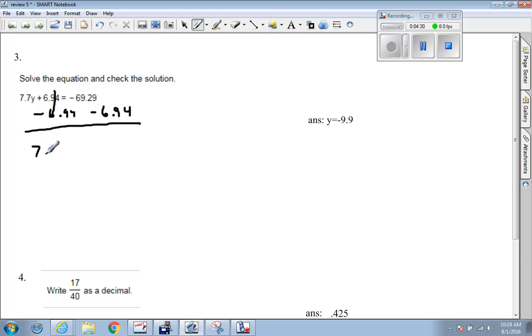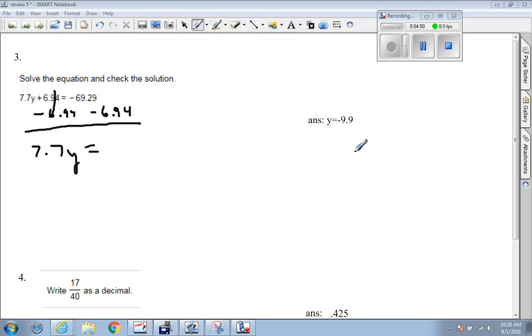And then I'll have 7.7y equals whatever negative 69.29 minus 6.94 is. And again, I would think of money here. If you have a loss of 69 and some change, and then a loss of $6.94, you have an overall loss, so you have to combine those two numbers.